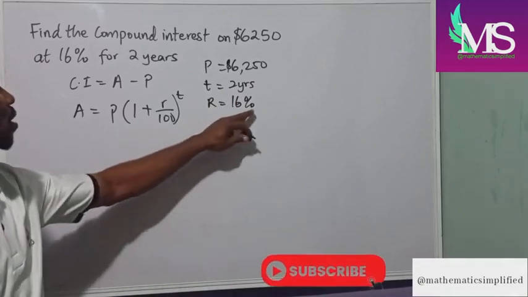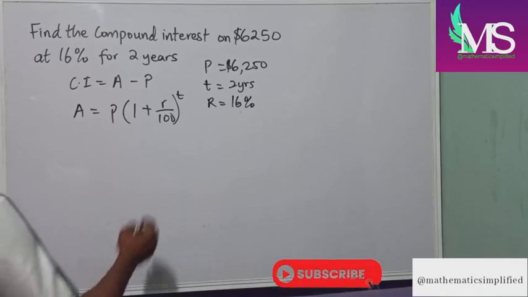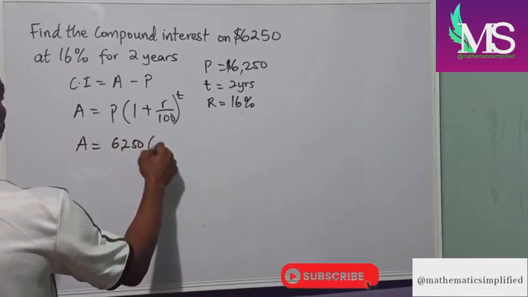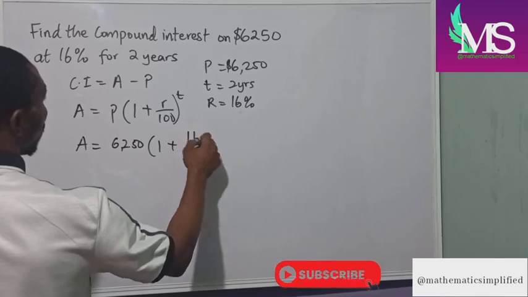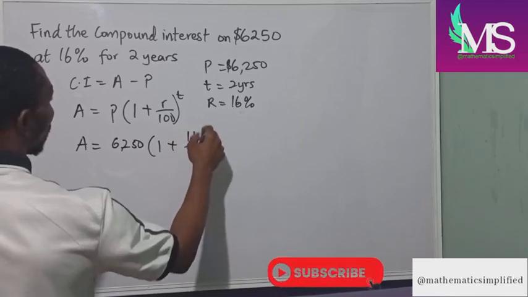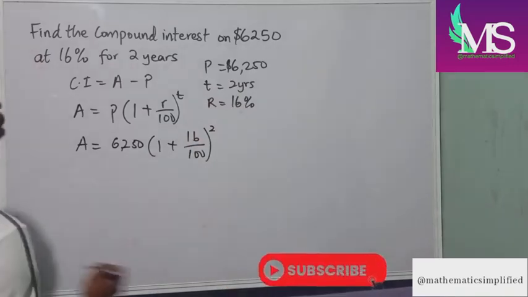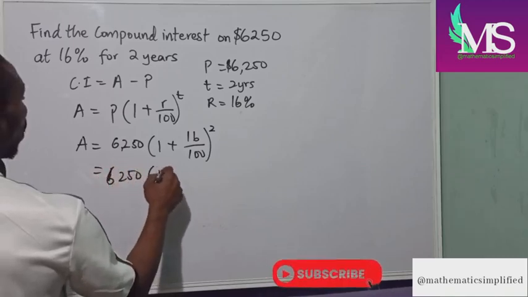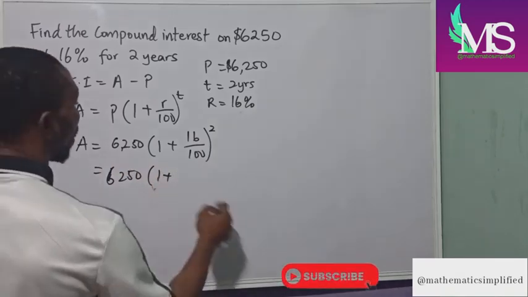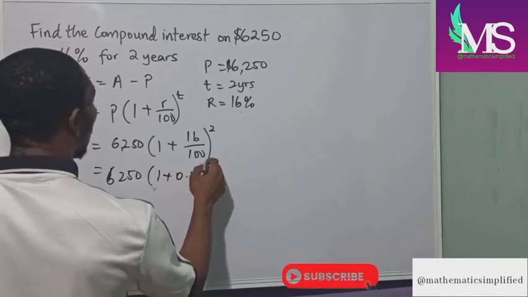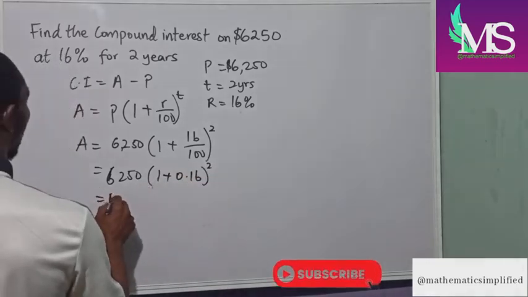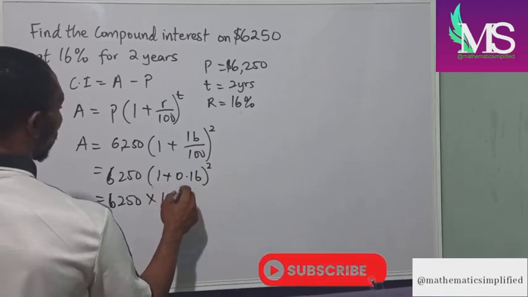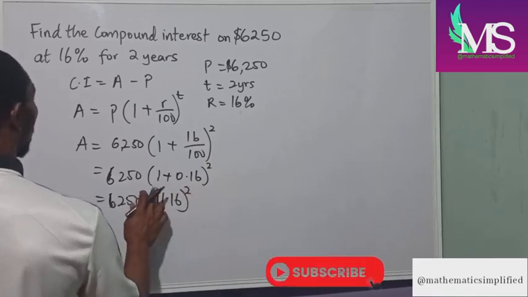Inputting this into the formula, we have our amount A equals principal 6,250 times 1 plus rate 16 over 100 raised to power 2. So 1 plus 16 divided by 100 will give us 0.16, so this becomes 6,250 times 1.16 raised to power 2.